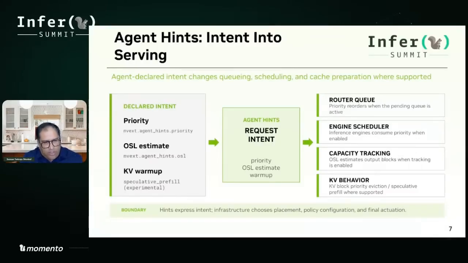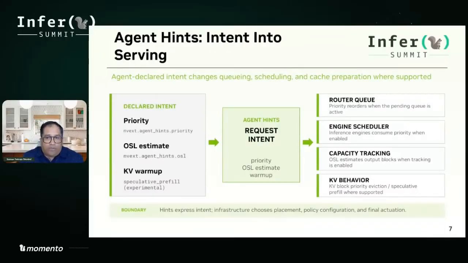There are 3 hints that we currently support. One is priority. As I said, the harness can easily tell us whether a particular trajectory is higher priority than others. And those agentic hints are basically request intents. They are only intents. The infrastructure chooses the final actuation.